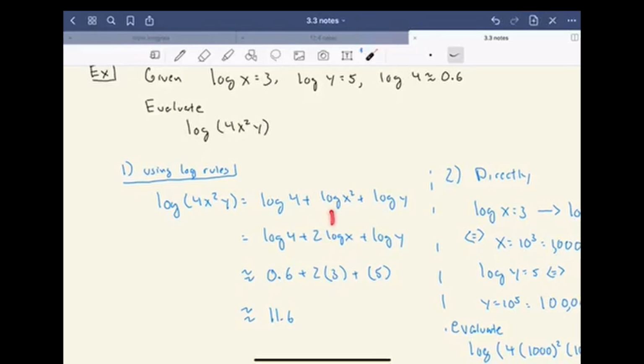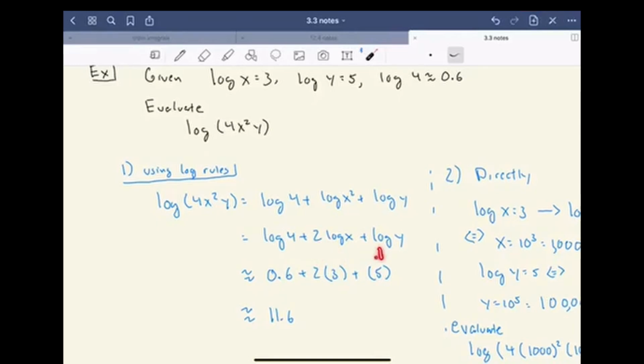That's what we did going from that step. So, log of 4, plus 2 log of x, plus log of y. Log of 4 is 0.6. Log of x, remember, was 3, so we're going to have 2 times that 3.